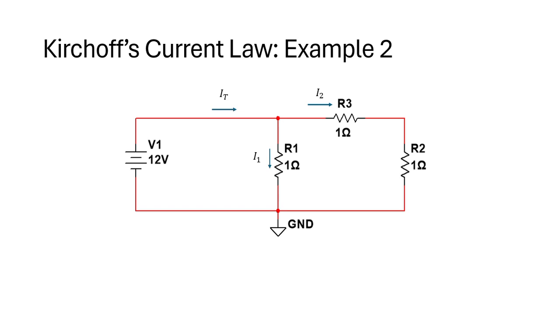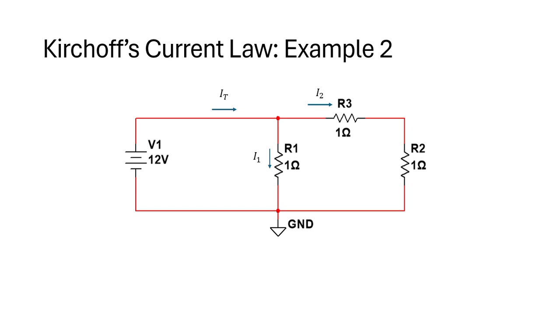In this circuit here, I included a third resistor right here. It's important to point out that between I3 and I2, there's a node right there.